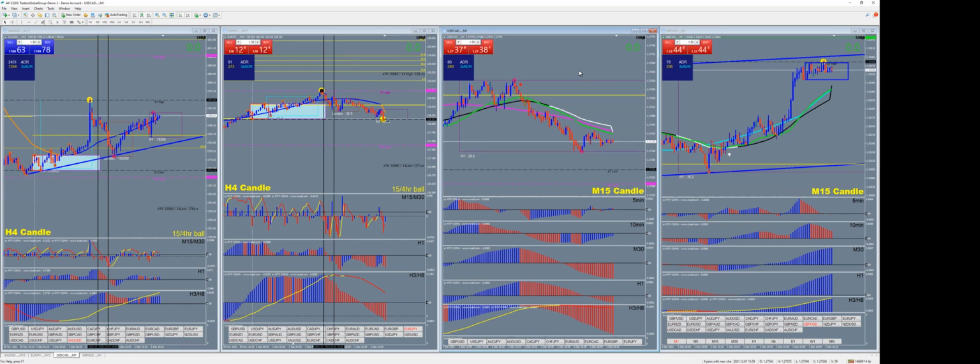How much money have I made? 5 pips is $50 times 10 is $500, right? Per trade. Multiply that by 5 is 2,500. I've made my 3%, and I've only made 5 pips. See, I like that.